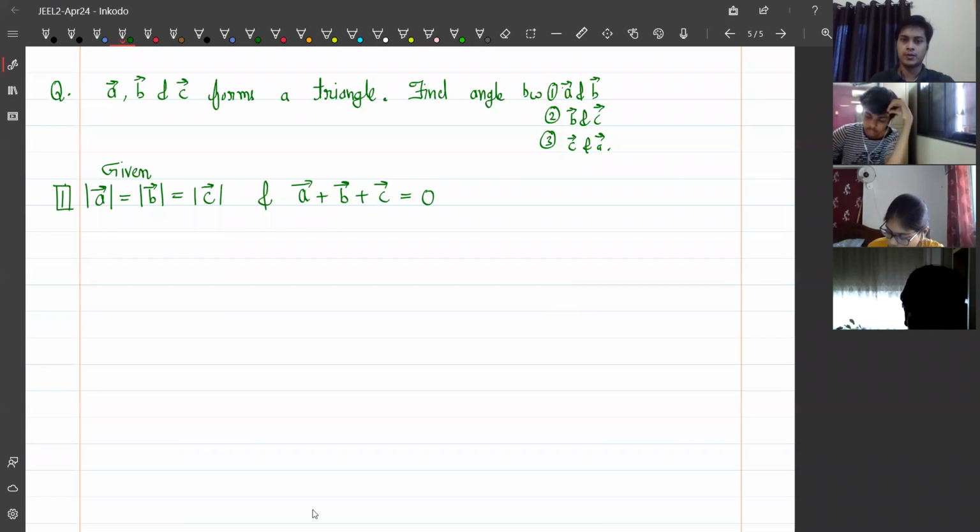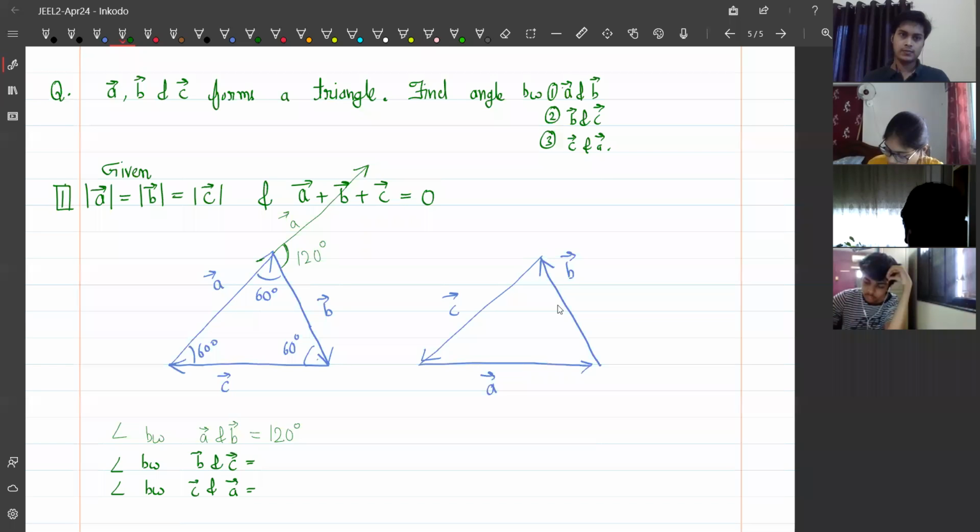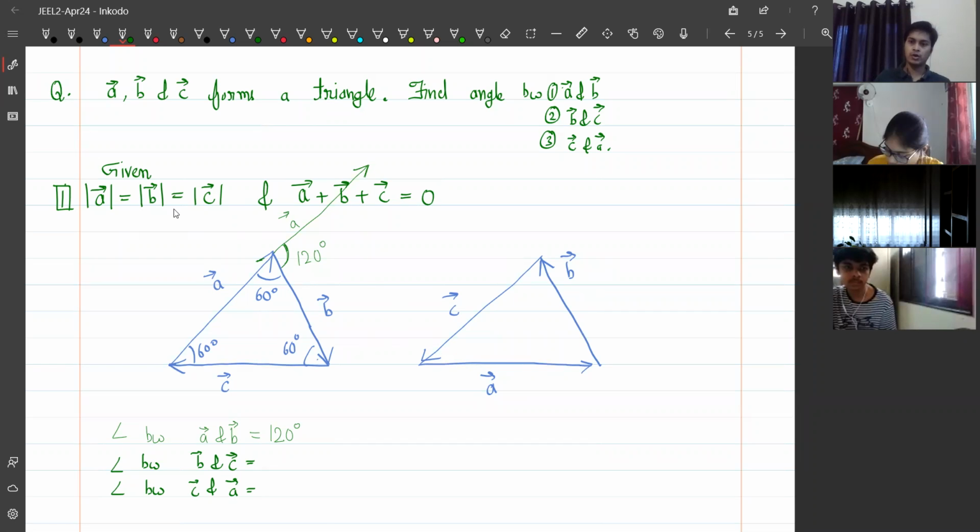Try to form a triangle like that. A plus B plus C is 0. That means it will be a closed triangle, either like this or like this. And mod of A equals mod of B equals mod of C.